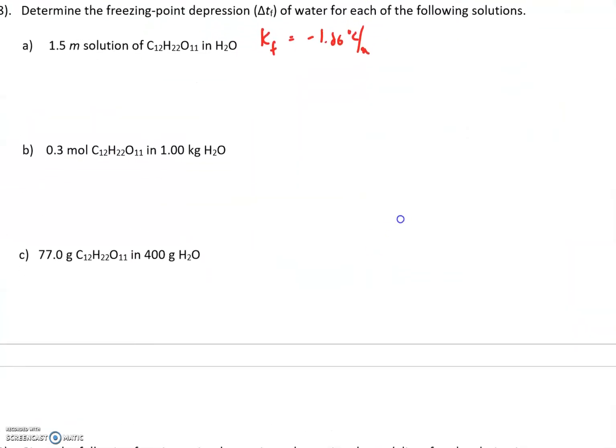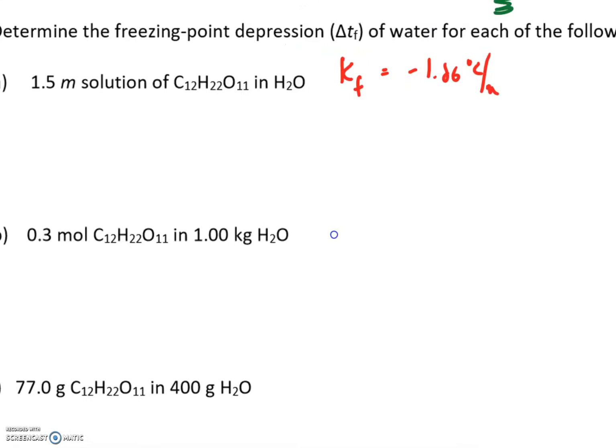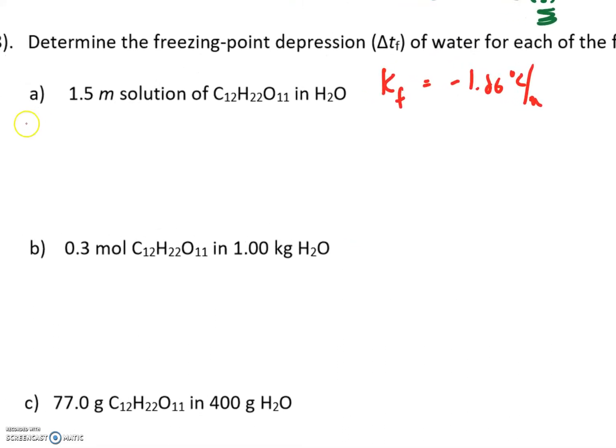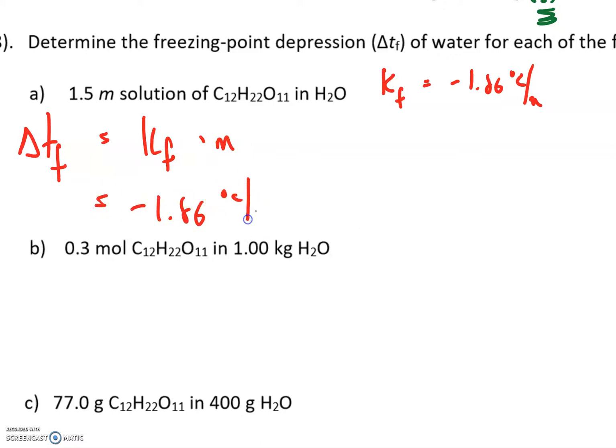All right. So we're trying to find the delta TF, and we're going to use this equation. Delta TF equals the KF times the molality. Well, it's water, and so we always know the KF, negative 1.86 degrees Celsius per molal. This one tells us the molality, 1.5, so we don't even have to get all that crazy.